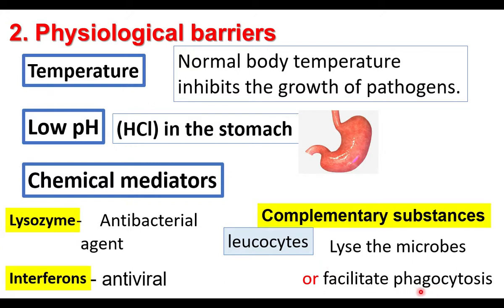Phagocytosis is an immune response produced by phagocytes. Phagocytosis means cell eating. Some of the phagocytes engulf the foreign agents, and this is facilitated by complement substances. Complement substances, interferons, and lysozymes are chemical mediators. Physiological barriers include temperature, low pH, and chemical mediators.